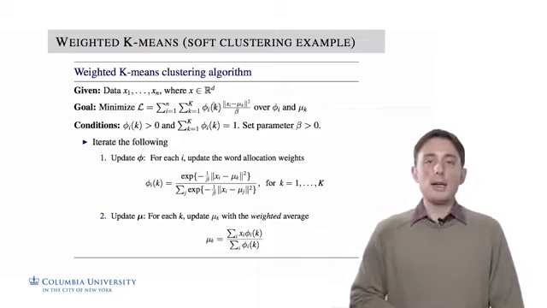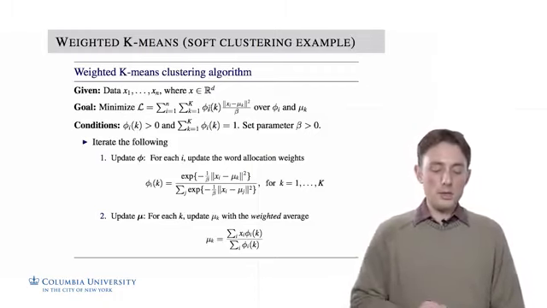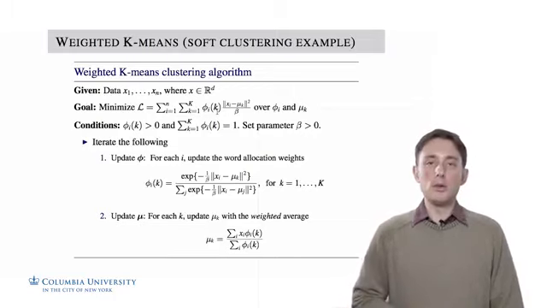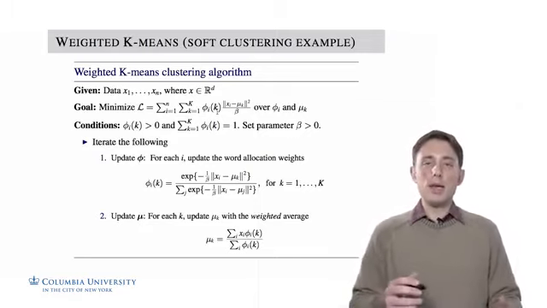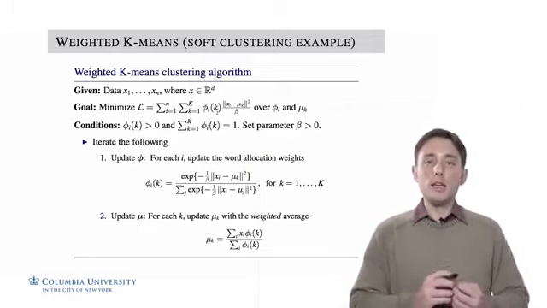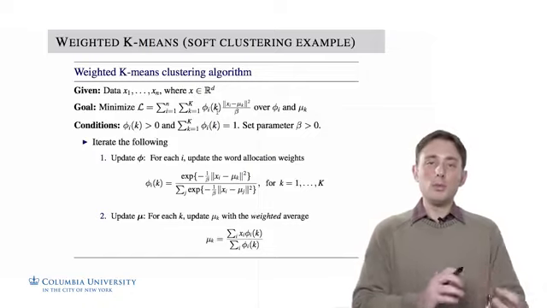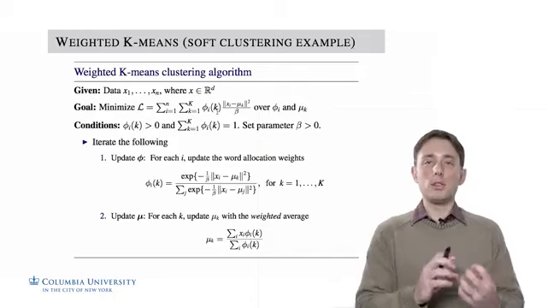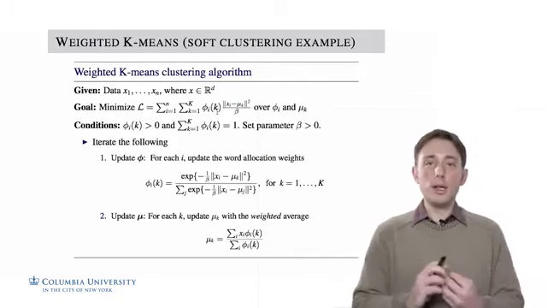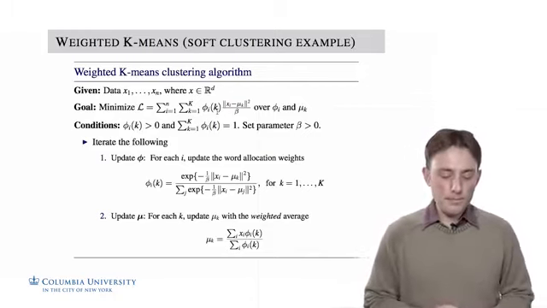And these phi's now can be viewed as probability weights. So each value of phi_i(k) is greater than 0, and the sum of them is equal to 1. And so in this case, we're breaking each data point up into different clusters according to how probable we think that cluster is in generating the data point we're looking at.